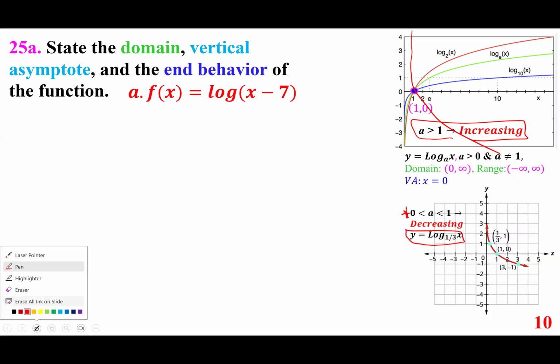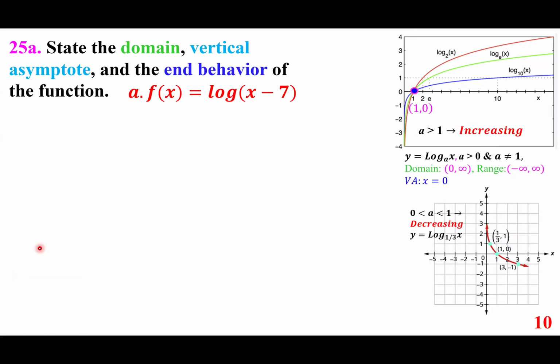Let me erase my work. So this format, the base is larger than 1, and this one. For example, if I want to graph log x base 1/2, it will flip over with respect to the x-axis. Okay, just to let you know.